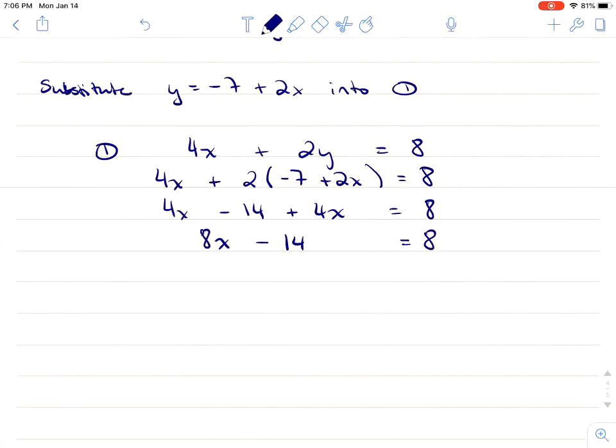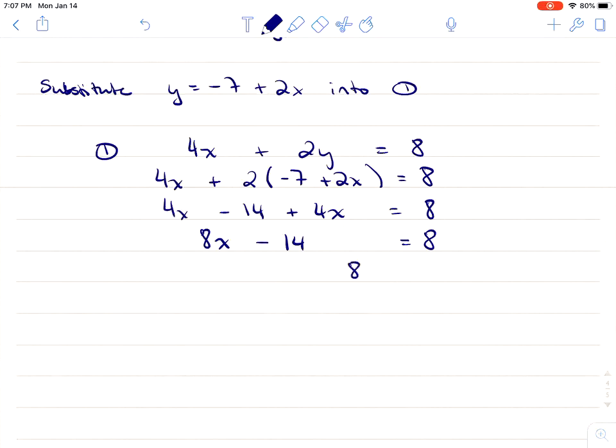Looking good. Any questions so far? Okay, great. So now we're going to keep solving this equation for x, because we just have that one x in there. We're going to move the 14 over.